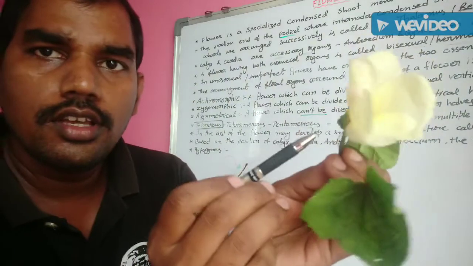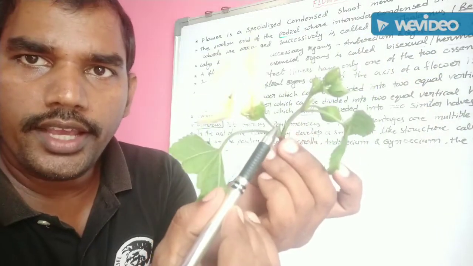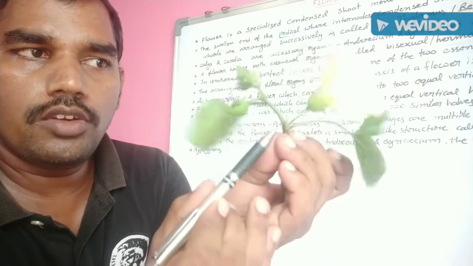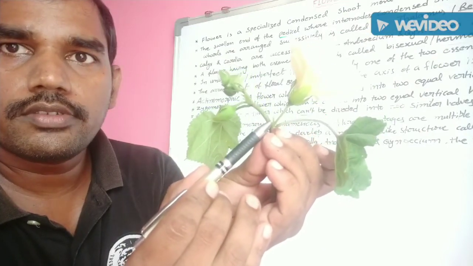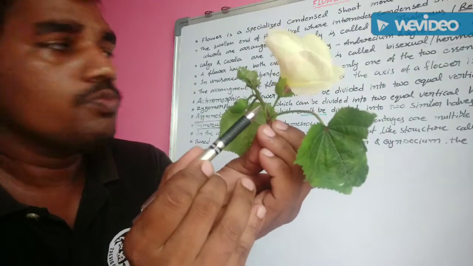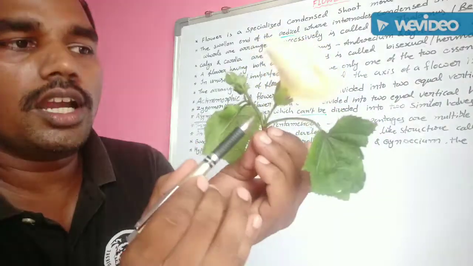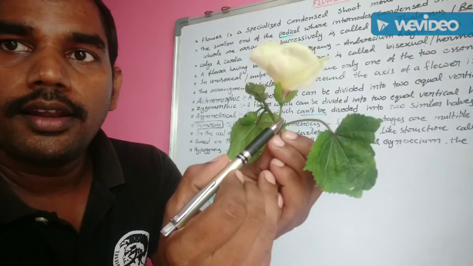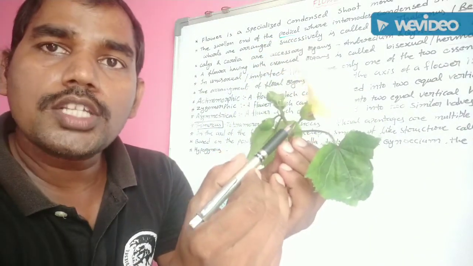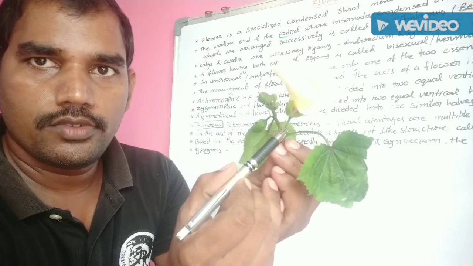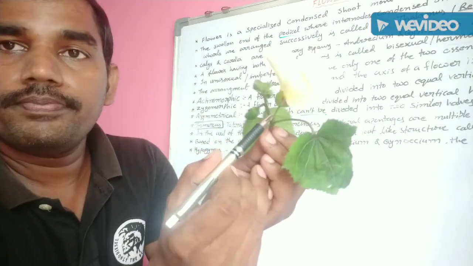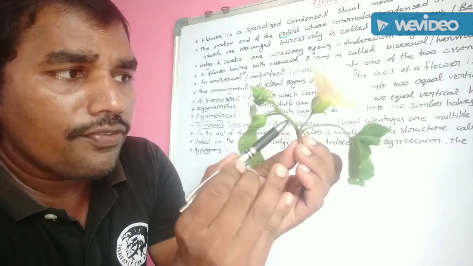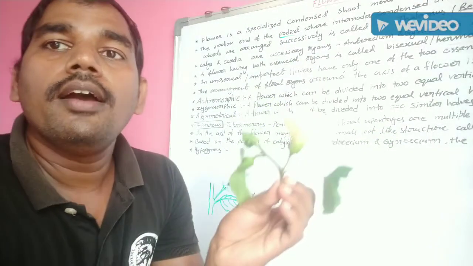Small leaf-like structures are present at the base of the floral stalk, the peduncle. These small leaf-like structures are known as bracts.